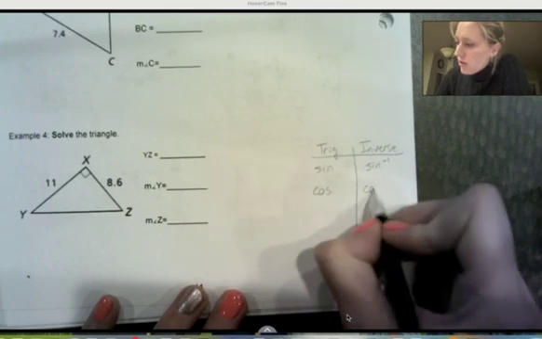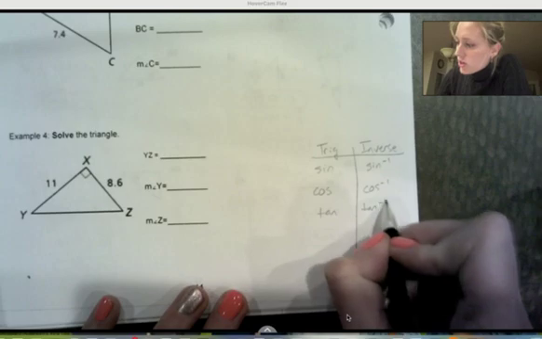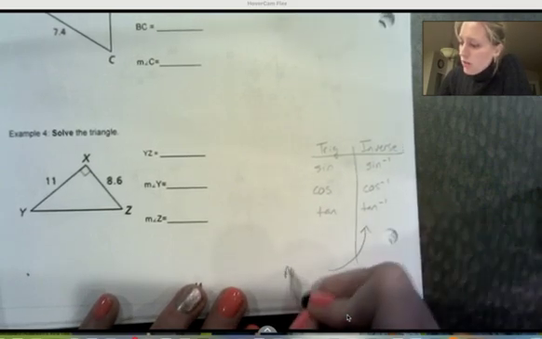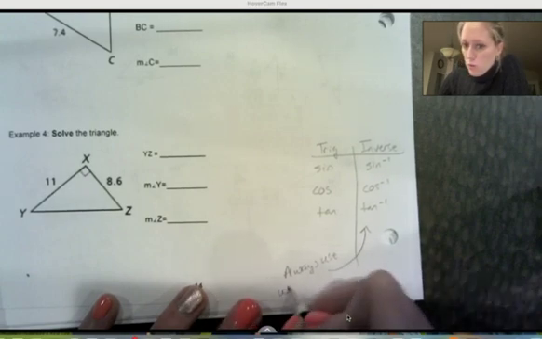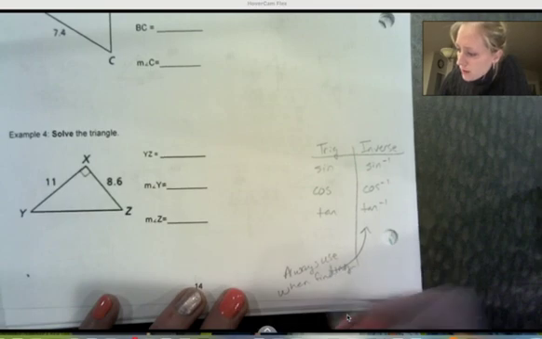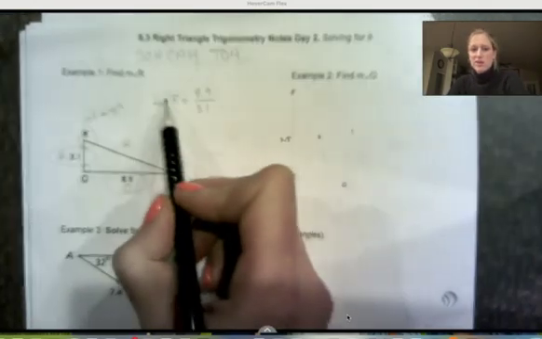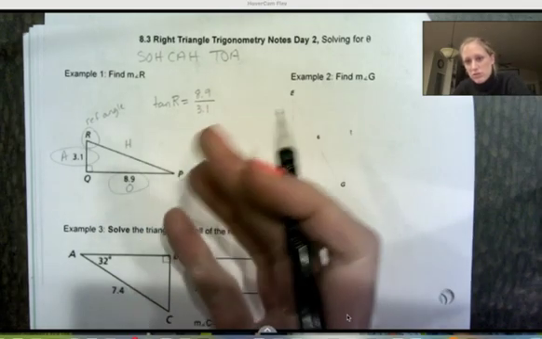Cosine is cosine inverse, and tangent is tangent inverse. We will always use an inverse when finding an angle, because I need to get rid of tangent to find angle R. It's always the trig function of the angle.